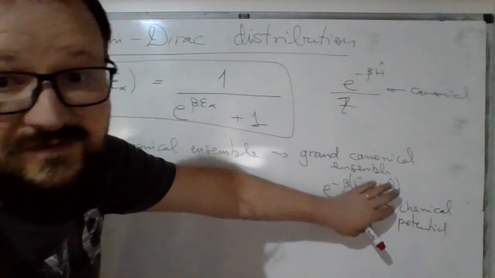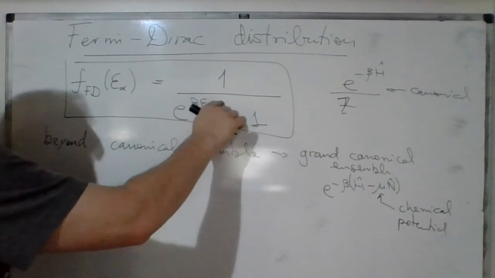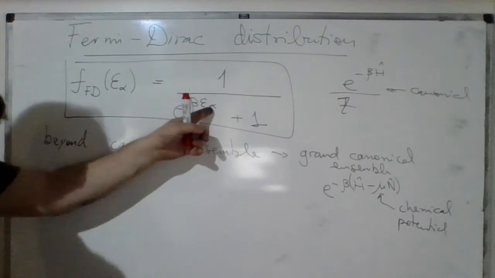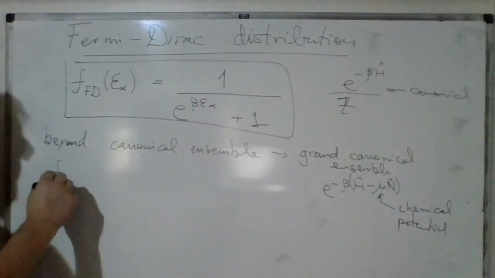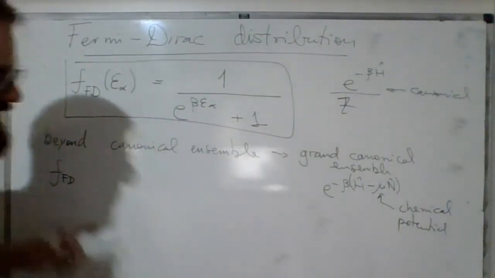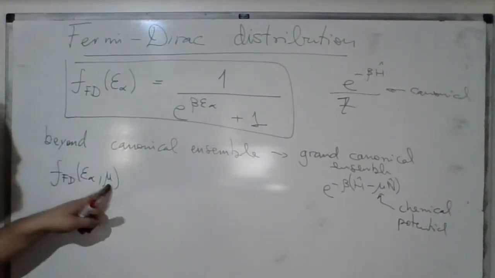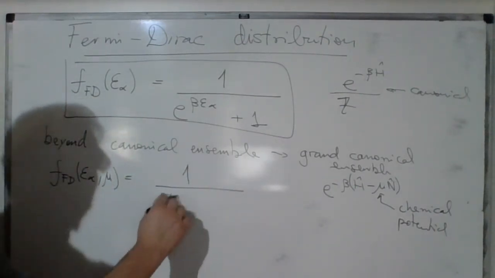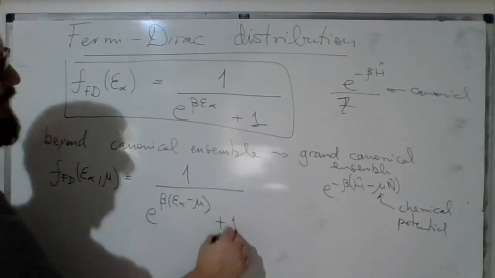It is not too difficult to show that here the energy is reduced, or you need to subtract from the energy of the alpha state the chemical potential. And in the grand canonical Fermi-Dirac, I am considering this for Fermi-Dirac statistics because it's more relevant, it is given by the following: e to the beta, the energy of the state alpha minus the chemical potential, plus 1.